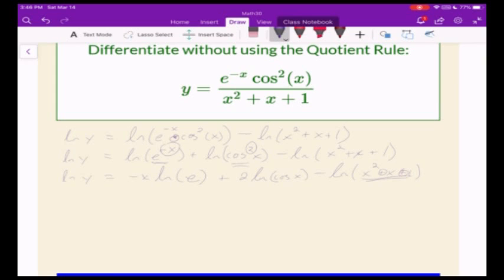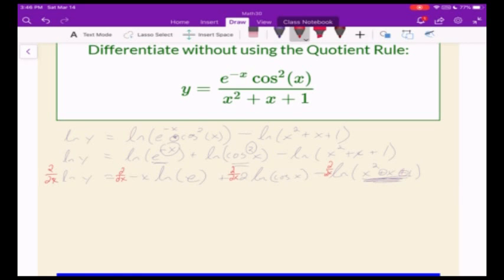So it's not like the whole argument is being taken to a power, as it was in the other two examples, the natural log of e to the negative x and the natural log of cosine squared. So I can't bring the power down for this last one. There's no log rules that let me simplify that at all.